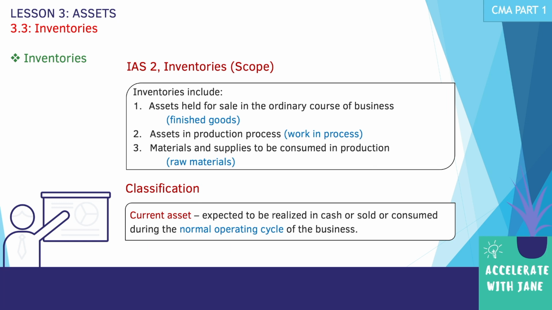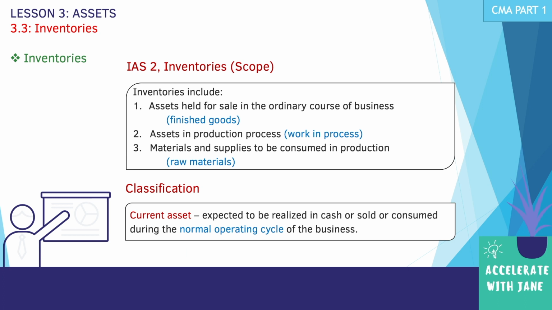Okay, so classification. Generally, it's current asset. So why do we say that inventories are classified as current asset? Basically, it is expected to be realized in cash or sold or consumed during the normal operating cycle of the business. Remember in lesson 1, I discussed the meaning of normal operating cycle.